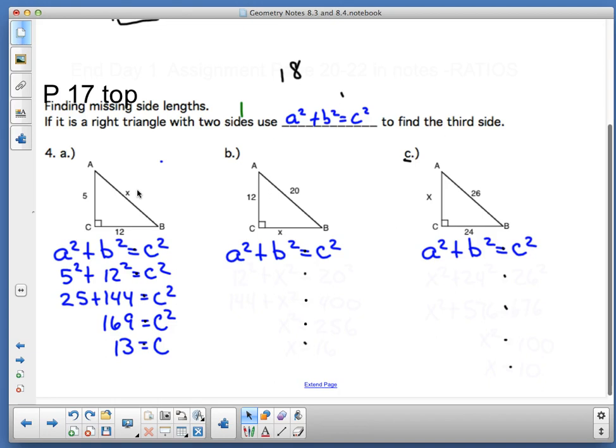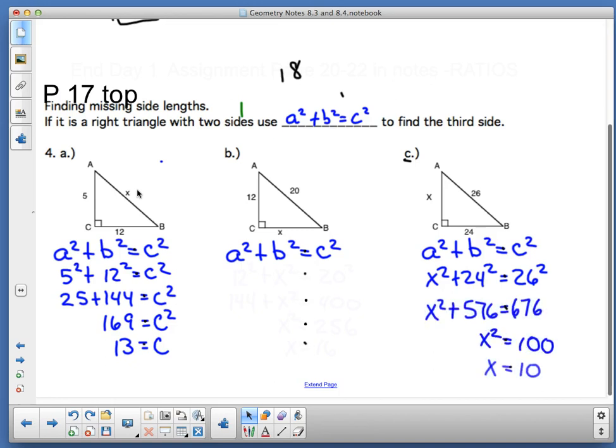Any multiple of that would be 24, 26, and I'd be looking at 10 as the missing one. So that's a multiple of 5, 12, 13: 10, 24, 26. But if you didn't recognize the Pythagorean triple, we'll find it with the theorem, won't we?